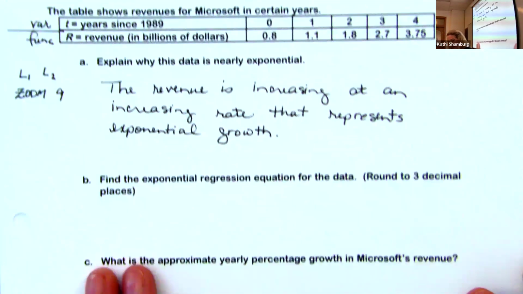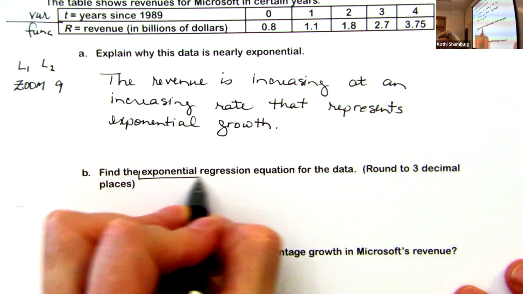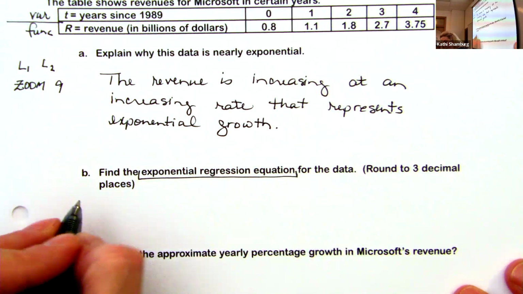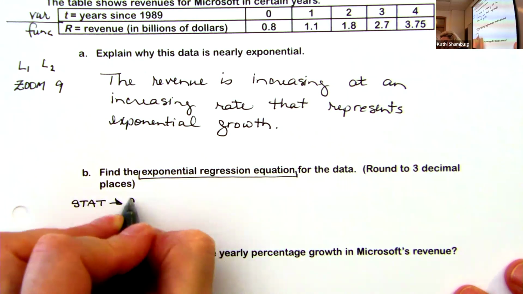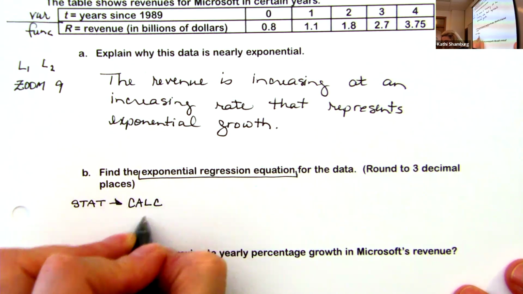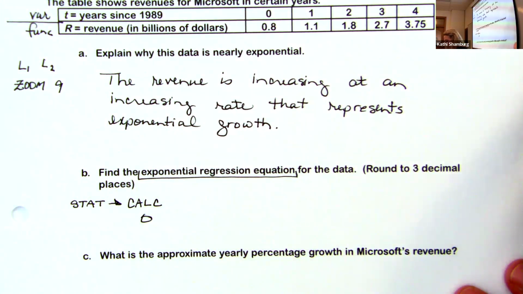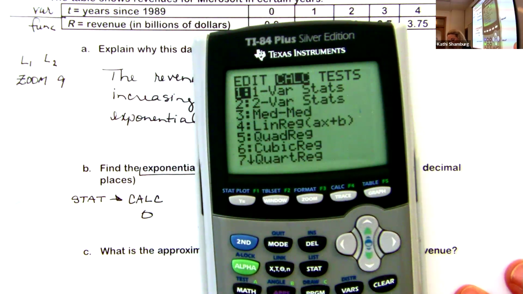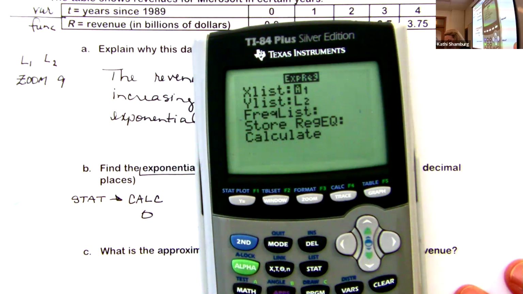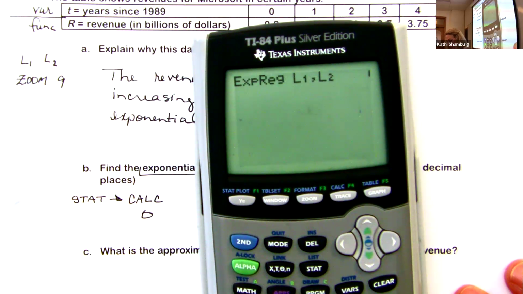And then we're going to find the equation. So stat, calculate 0. Enter, enter, enter, enter, enter.